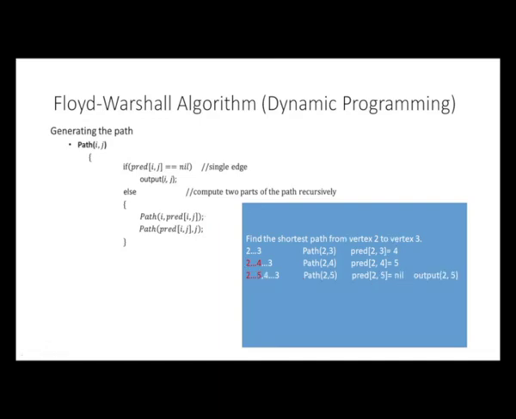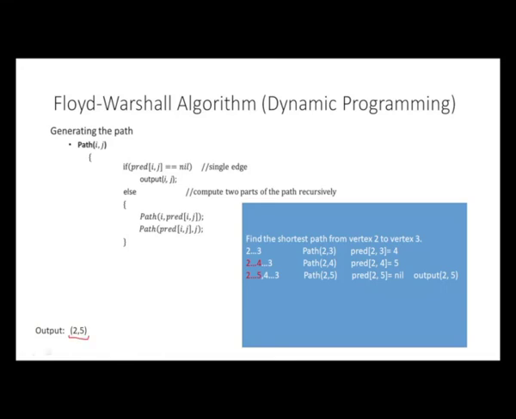So we'll have to find the path between 2 and 5. We'll make another call 2 to 5, and let's suppose the predecessor is equal to nil. This means there is no intermediate vertex between 2 and 5, so for our final path we can display the edge 2 to 5. So in our output we have specified one edge to be 2 to 5.